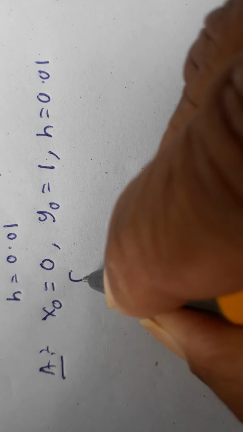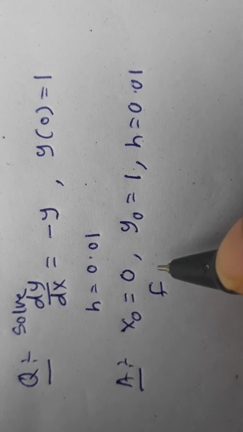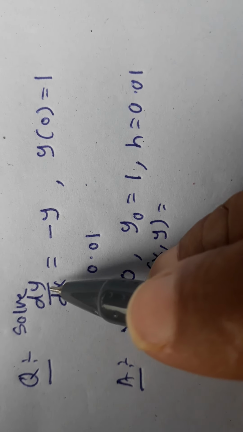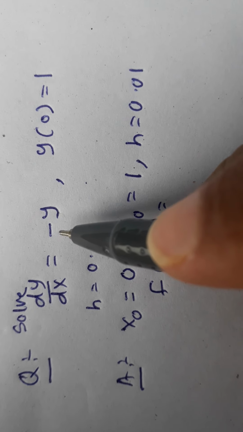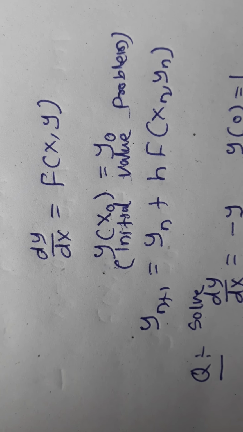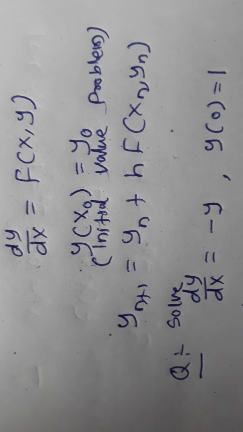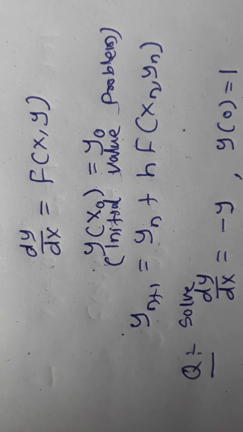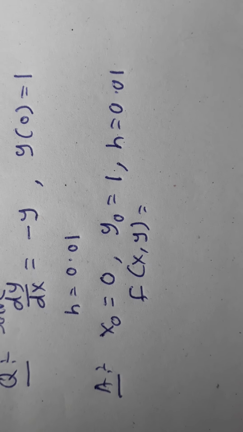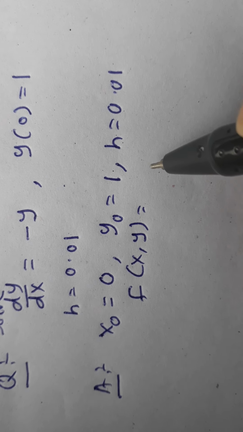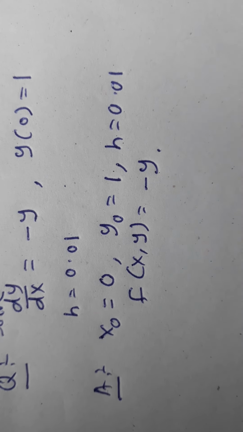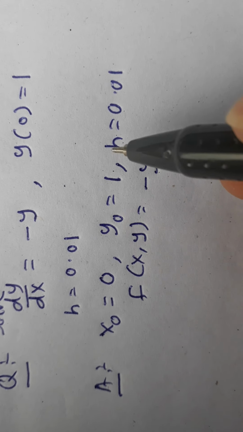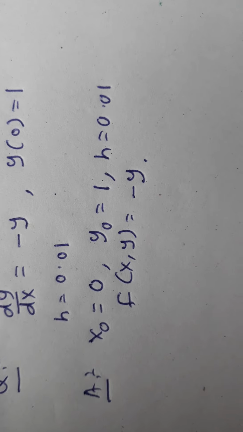Next, what is f of x, y? dy by dx is equal to minus of y. As I have already shown you, dy by dx equal to f of x, y. So here f of x, y equals minus y. Now x0 is given, y0 is given, h is given, f of x, y is given.